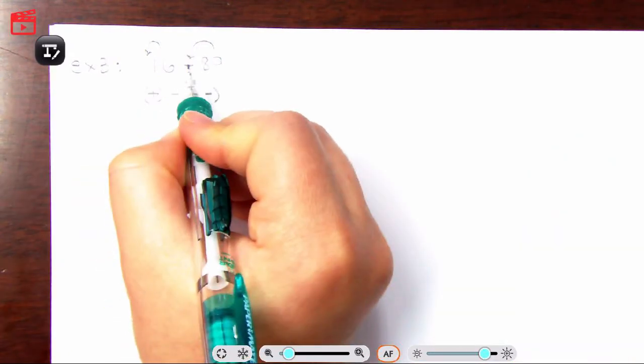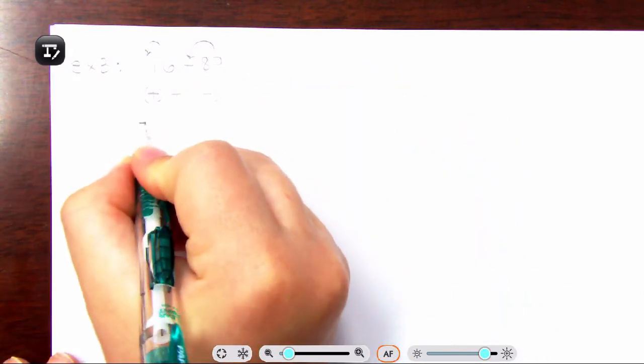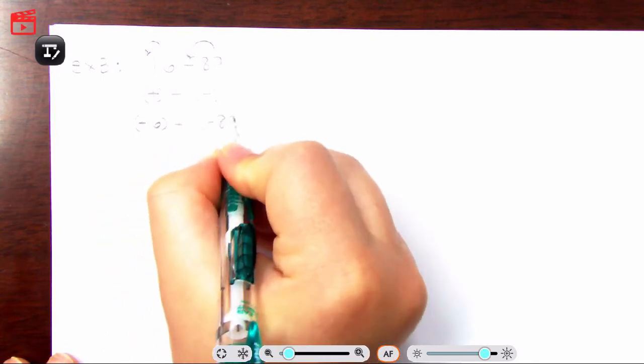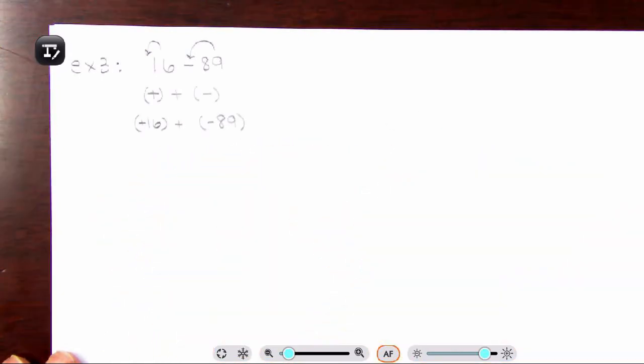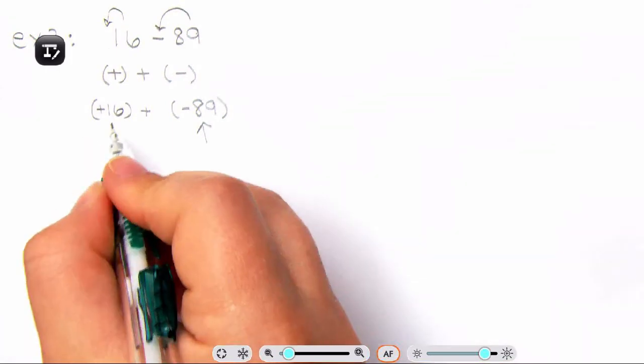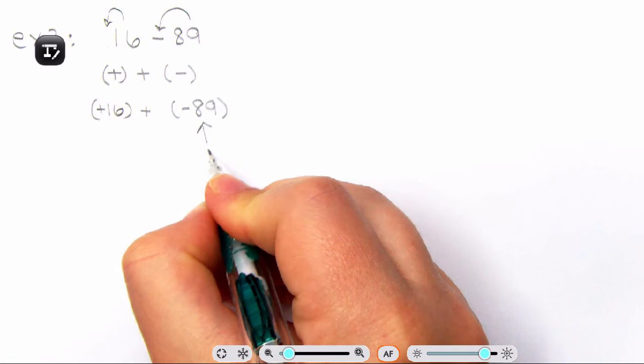Keep, change. So what do I have? I have positive 16 and I have a negative 89. In your head, you should already be asking yourself which one has more. Do I have more positives or do I have more negatives? 89 is a lot more than 16. We're not looking at which side of the number line it's on. We're just saying which number is bigger. So 89 is bigger, so we have more negatives.